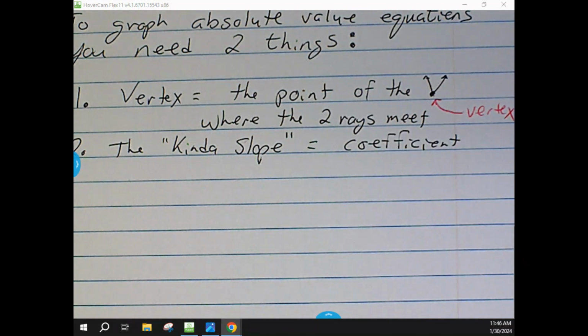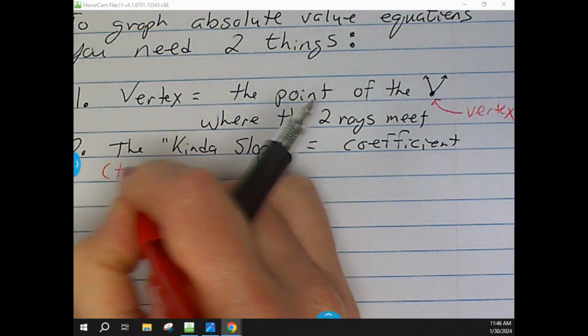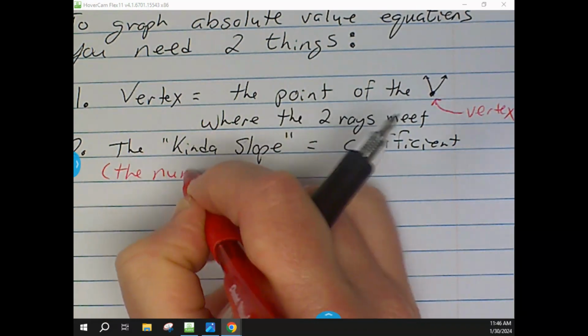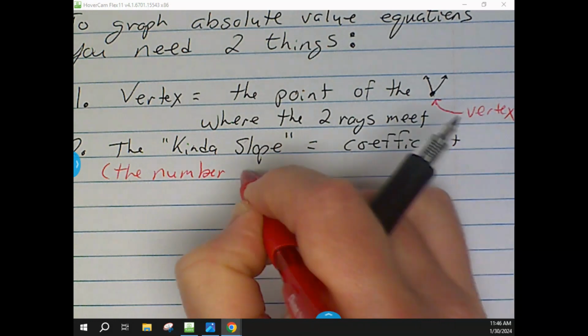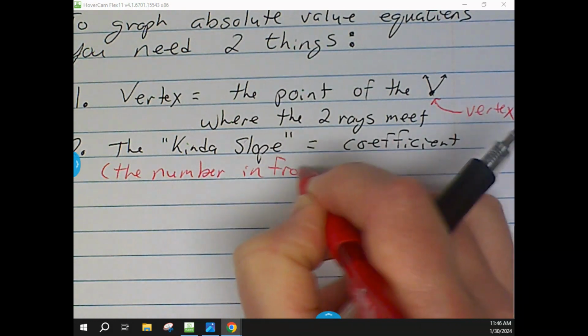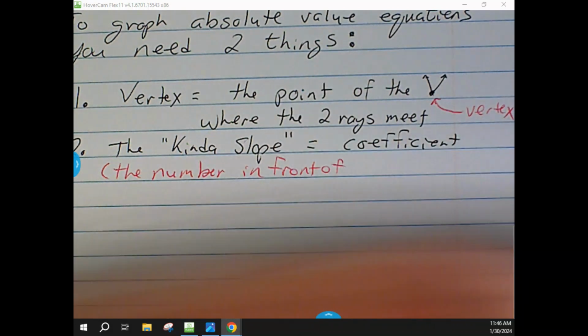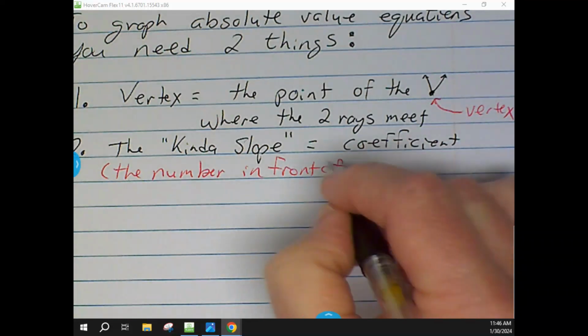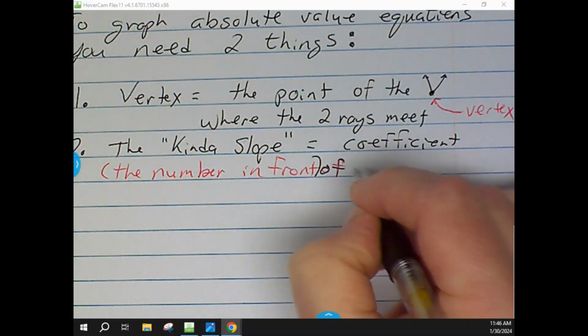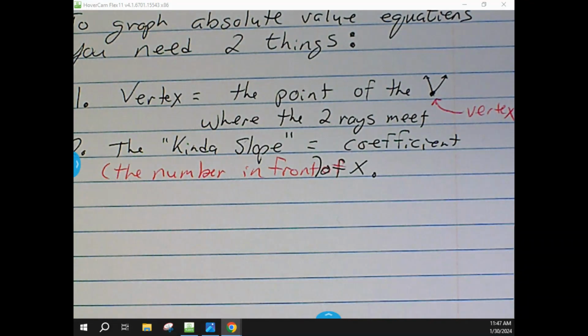It's your coefficient. It's the number in front of x. And that's one thing we were looking at yesterday.